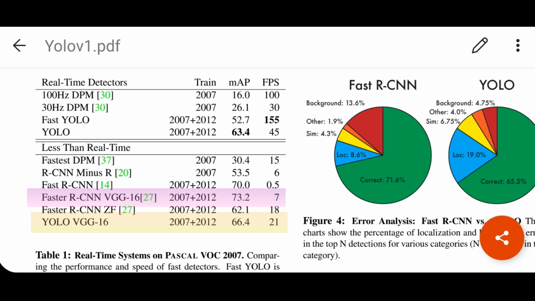But the frames per second is 7. So the authors are trying to come up with an idea that is faster than the other methods, but it may lag in accuracy. Version 1 works like that, but version 2, version 3, version 4, version 5, we will see in our next videos how they work.